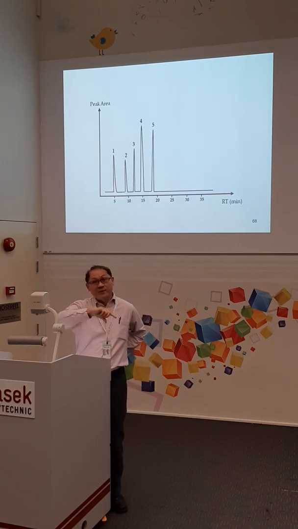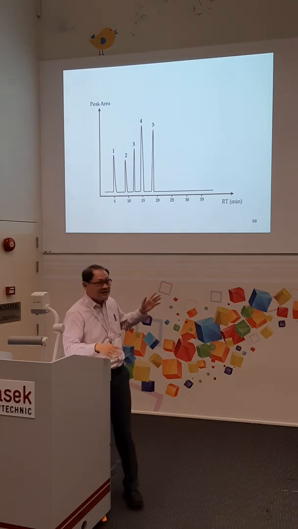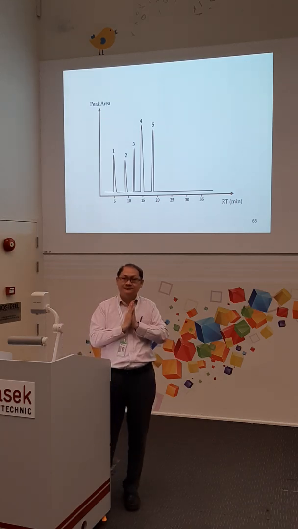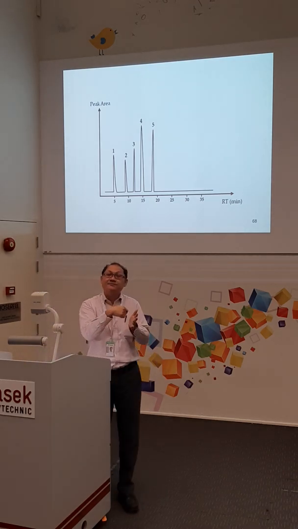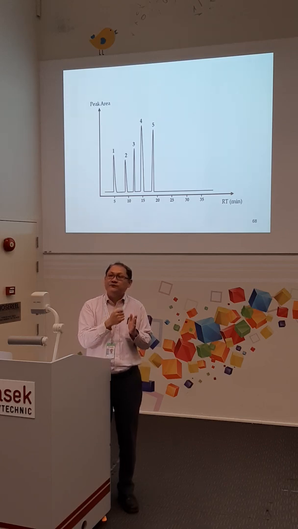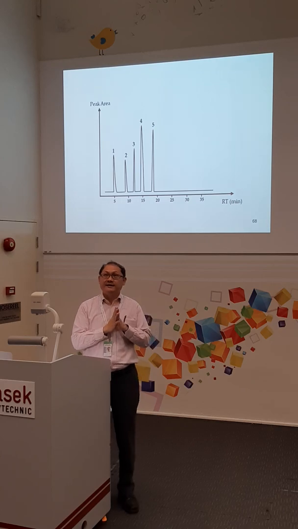Because in the original chromatogram for compound 5, the peak shape is quite broad. Now this one is narrow and sharp. So we have already fine-tuned the method parameters. We have improved the separation efficiency significantly.